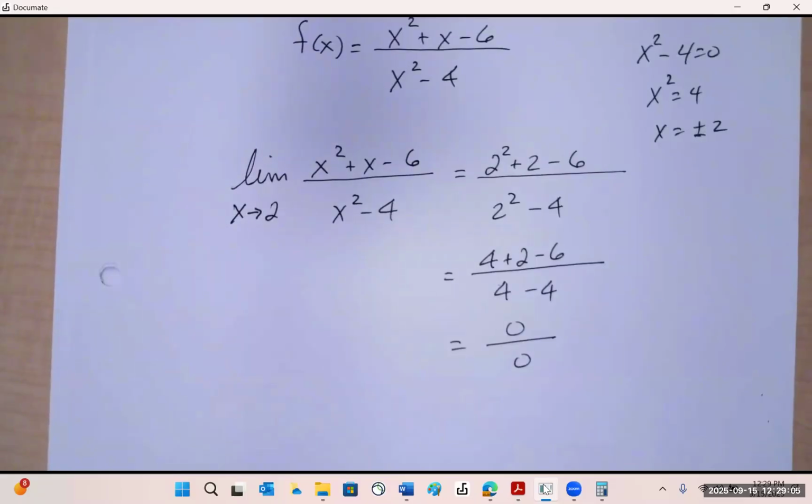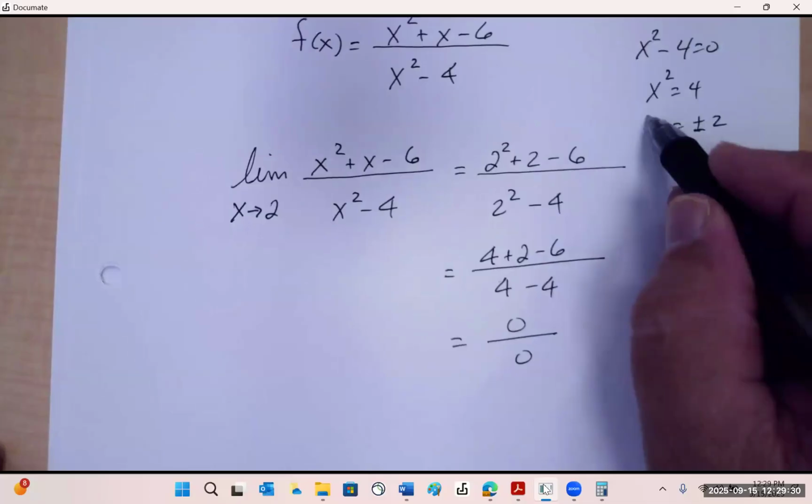And what's going to happen is, because... would we get 0 over 0 if we put negative 2 in there? You can't do it by looking. It's a math course. You have to write it and work it out. So if x equals negative 2, what would you get?